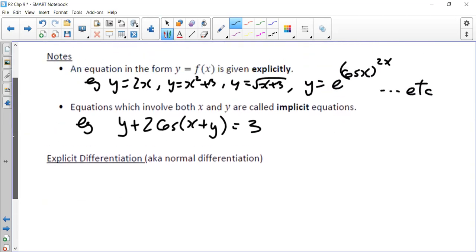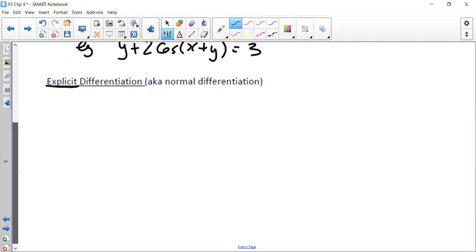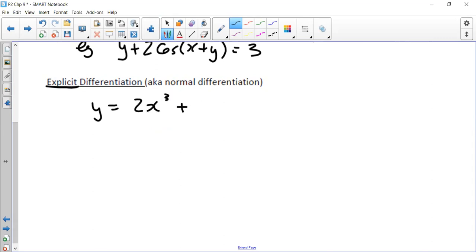Now, before we look into implicit differentiation, we look at explicit differentiation, aka normal differentiation, what you've learned so far since year 12. Or if you did further maths in GCSE, you might have done this in year 11. So what do we mean by that? Well, let's say we've got y equals 2x cubed plus 6.